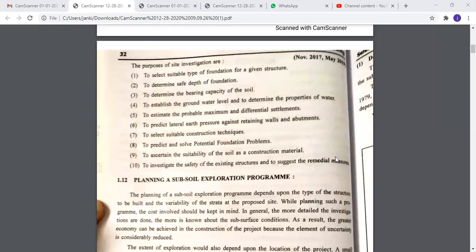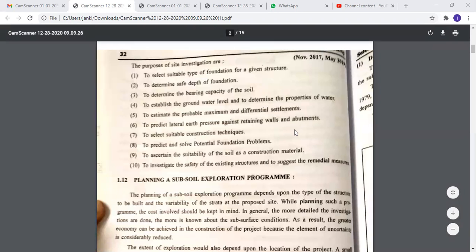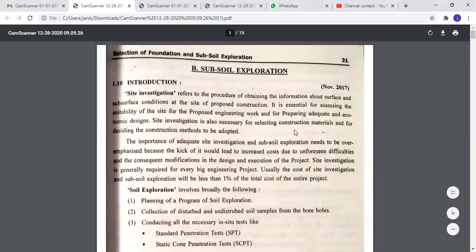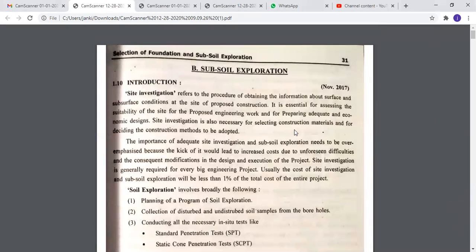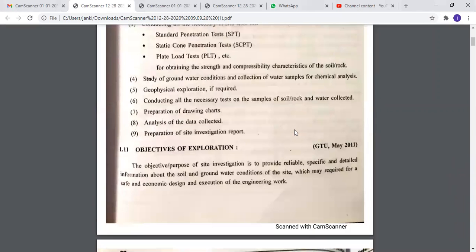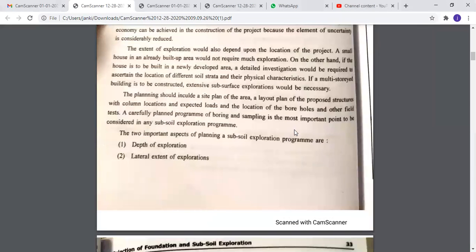Today we talk about, last time we saw the meaning of soil exploration, right? What is the meaning of site investigation? What are the brief points involved in soil exploration? What are the objectives of the exploration?